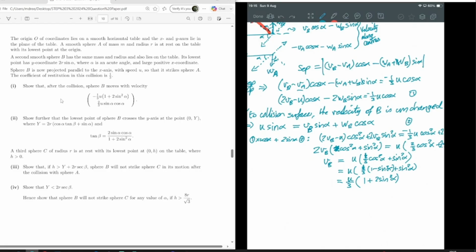Because I didn't manipulate this very well, I probably should have rearranged equation 1 to put all the u's on the same side. Because I didn't do that, that feels more difficult. So I'm going to sub into equation 2. So equation 2 says now that u sine alpha equals 1/3 u times 1 plus 2 sine squared alpha.